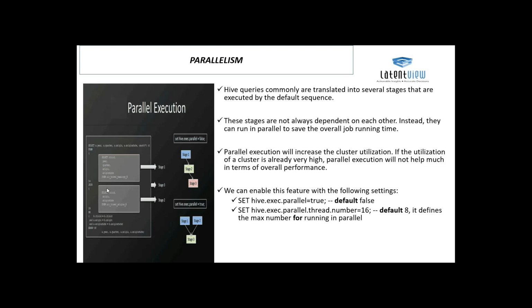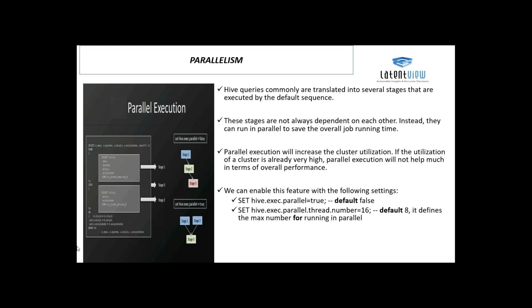With this, the time for the execution of your complete query will be less compared to running your query without setting this parameter. This is one optimization, and there is also one more parameter called hive.execution.parallel.thread.number equal to 16.